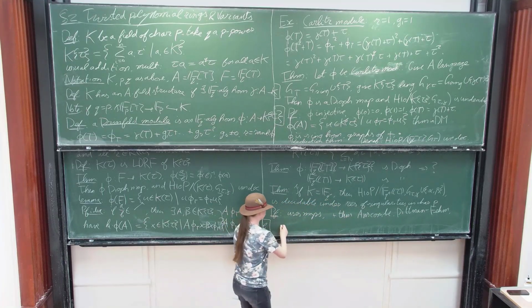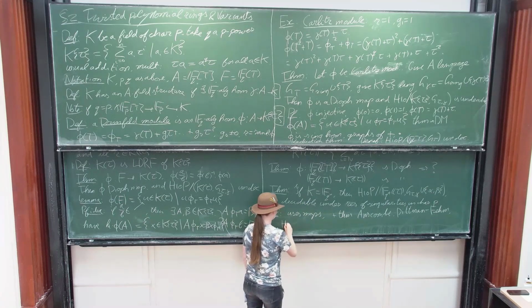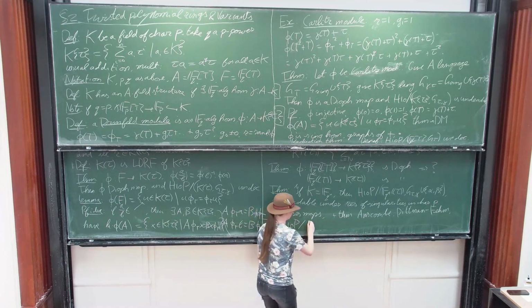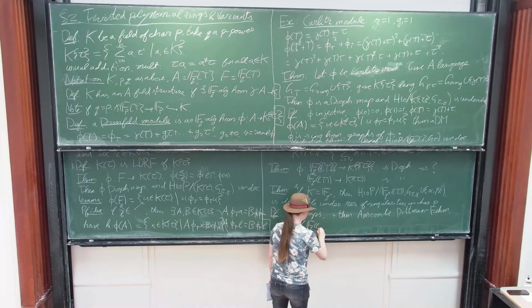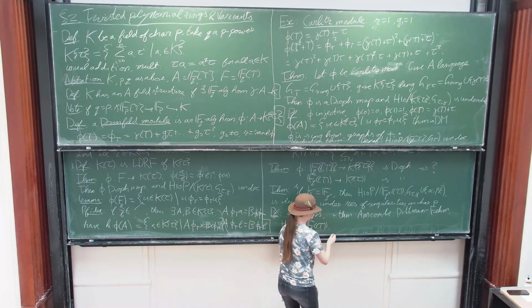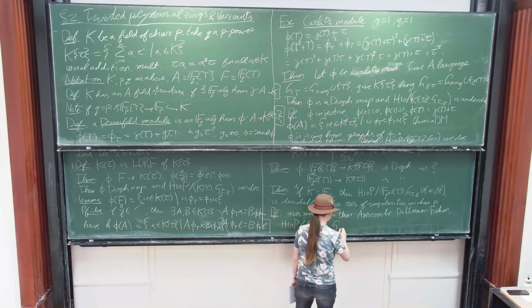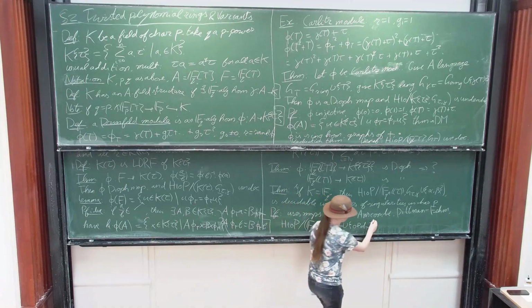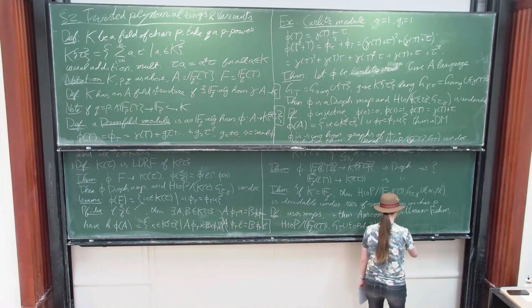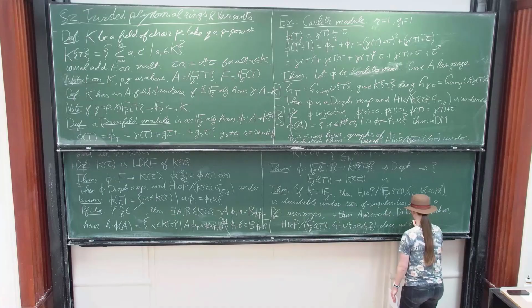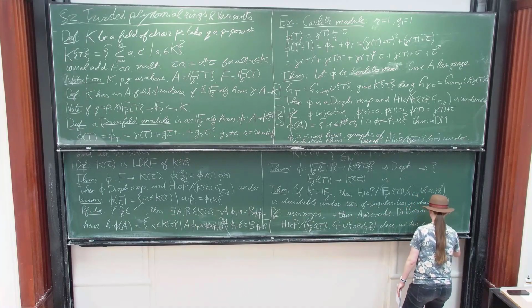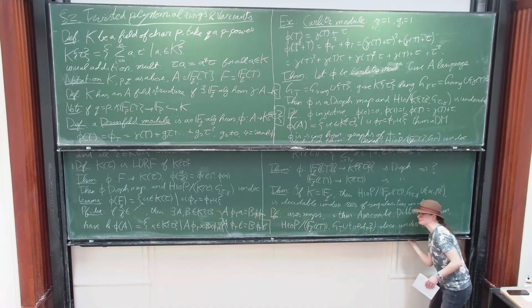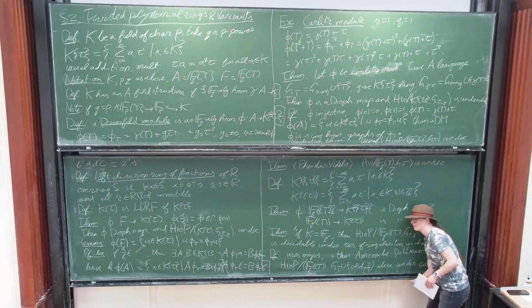We get that Hilbert's tenth problem over F_q((t)), where we have the language of t together with some order of t predicate, is decidable under the same conjecture.